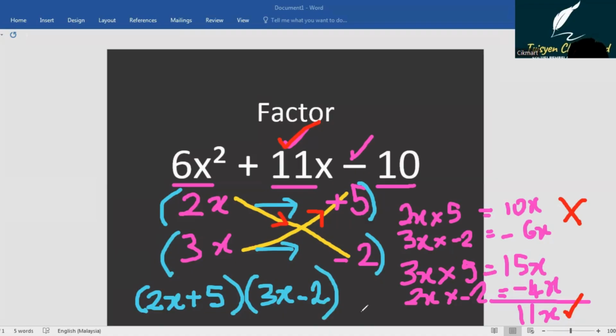This is the answer. If you expand this again using red, blue, green, yellow, that we learned before, we will get the same answer, 6x squared plus 11x minus 10.